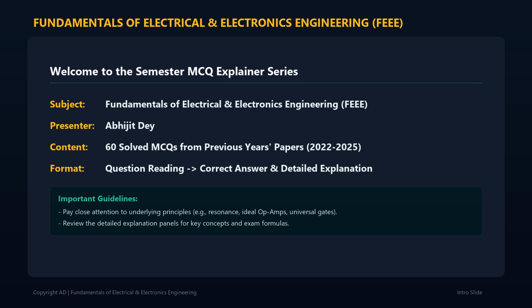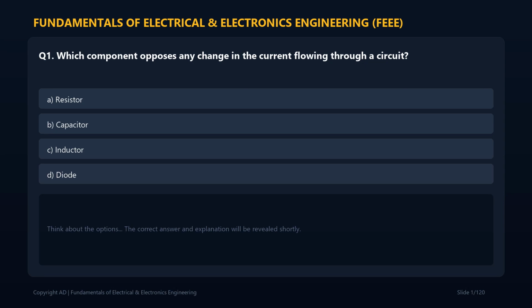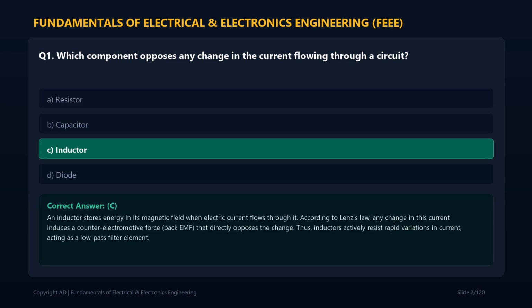Let's begin. Question 1. Which component opposes any change in the current flowing through a circuit? Option A. Resistor. Option B. Capacitor. Option C. Inductor. Option D. Diode. The correct answer is C. Inductor.